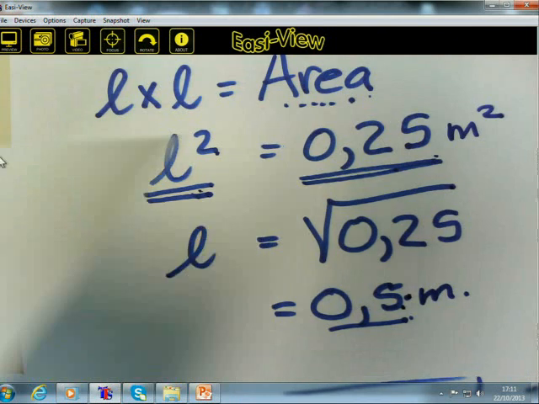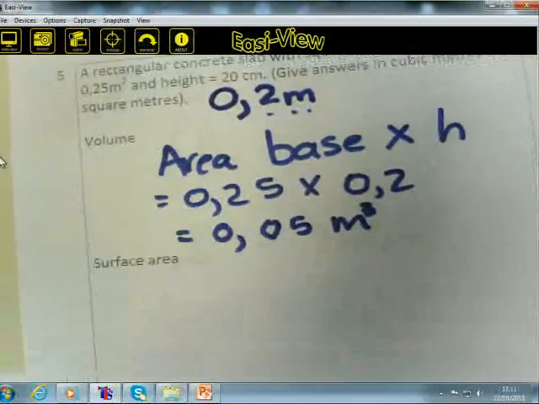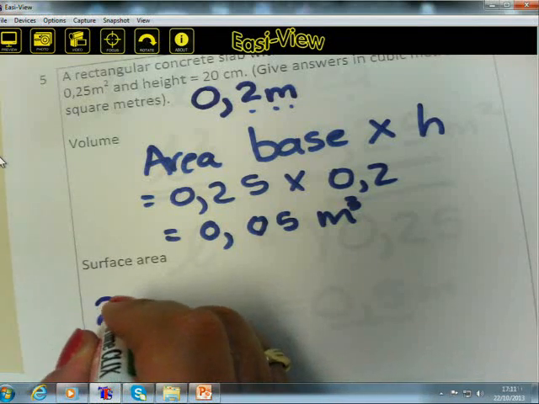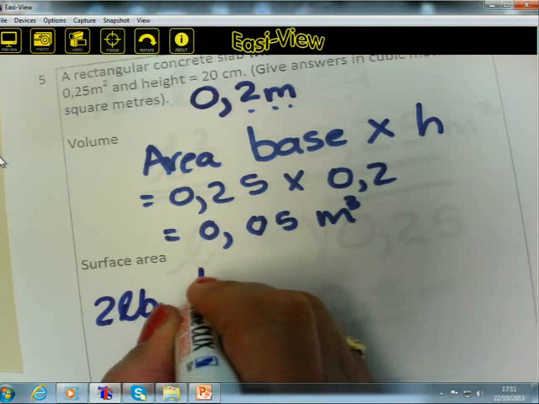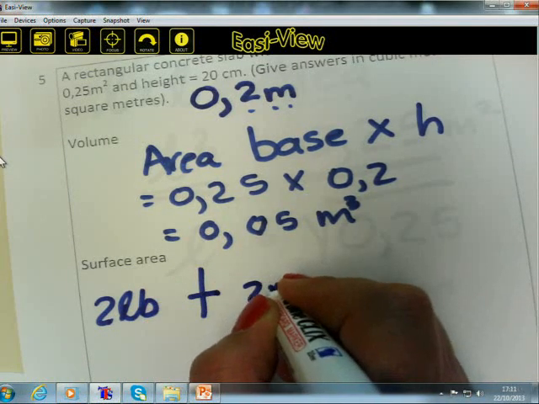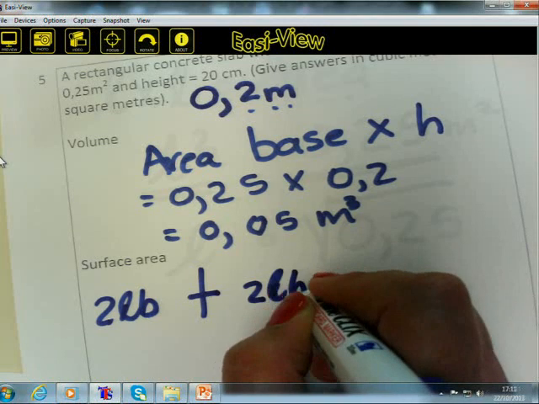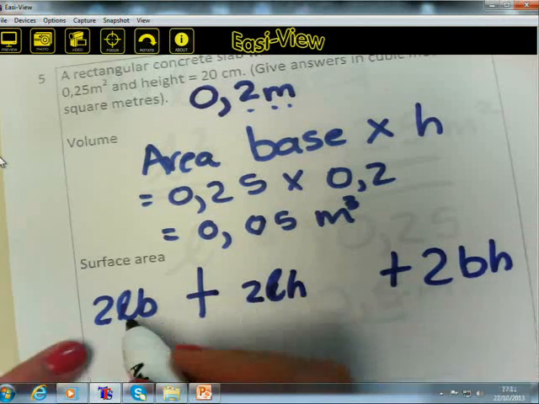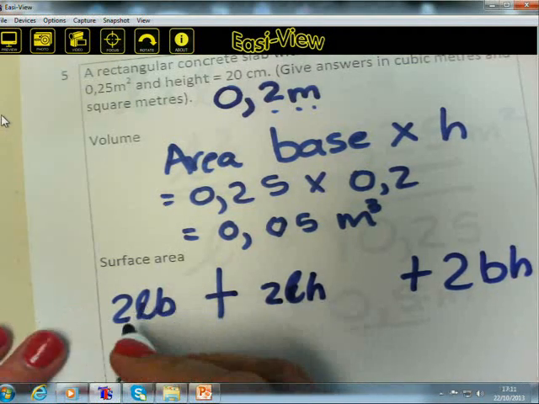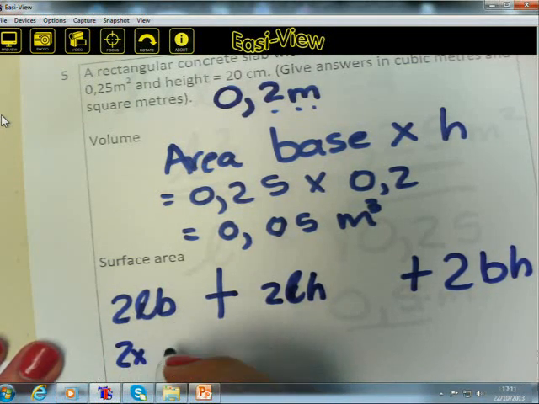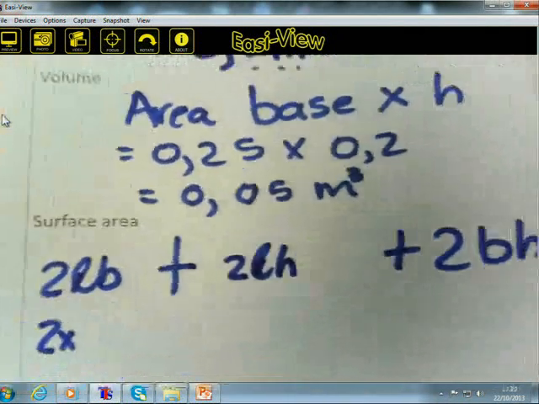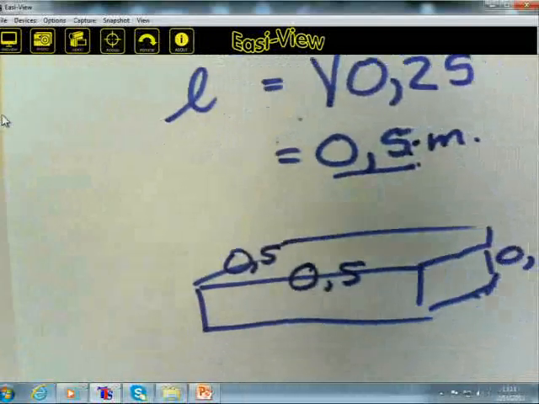Now, when I want to calculate the surface area, I'm getting back to this question. It's going to be 2 times LB plus 2 times LH plus 2 times BH. Remember, those ones are kissing, so they are multiplying. 2 times the length of this slab. If I can just show you my picture again. Can you remember?